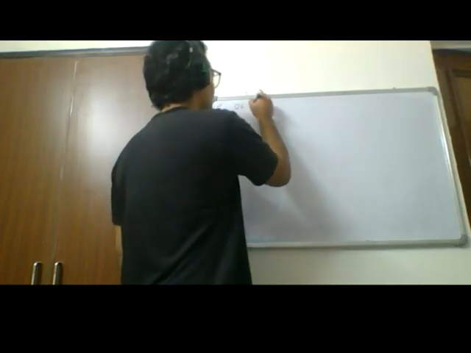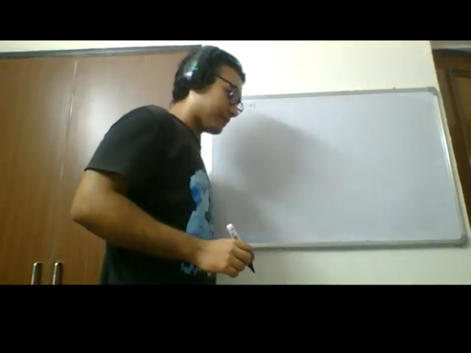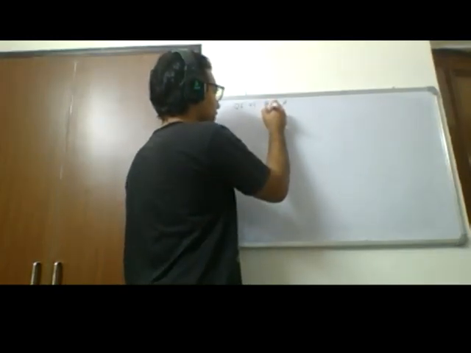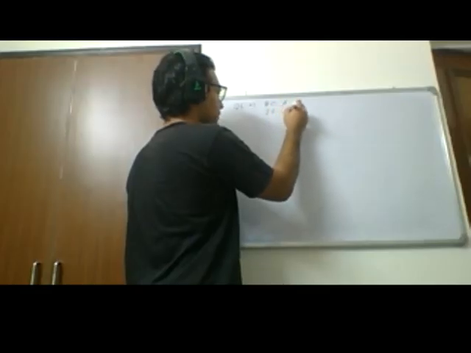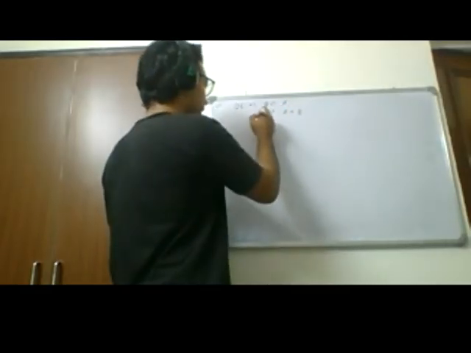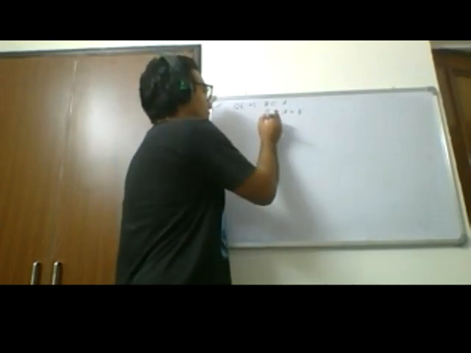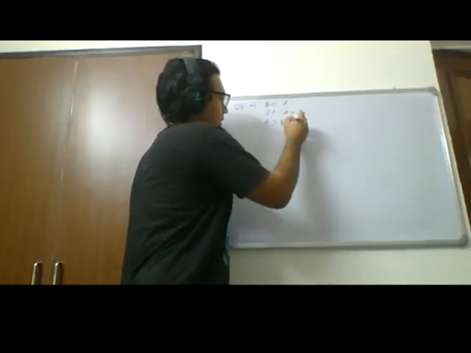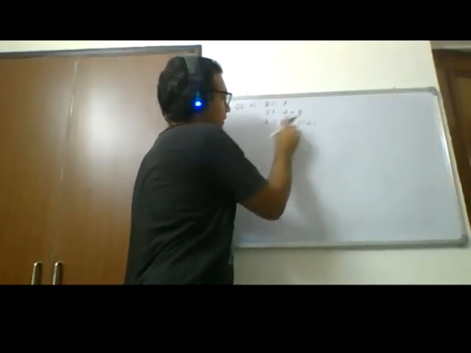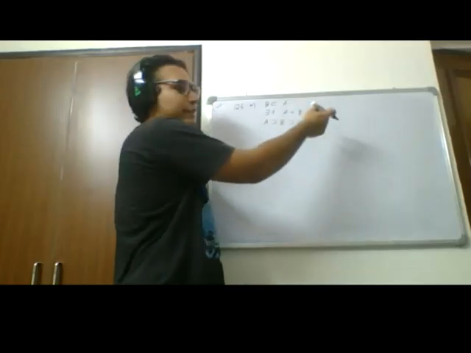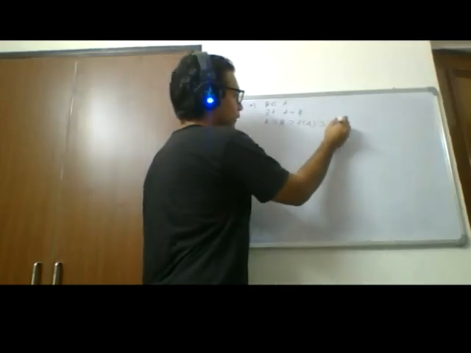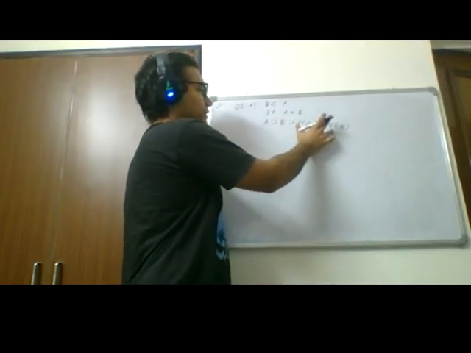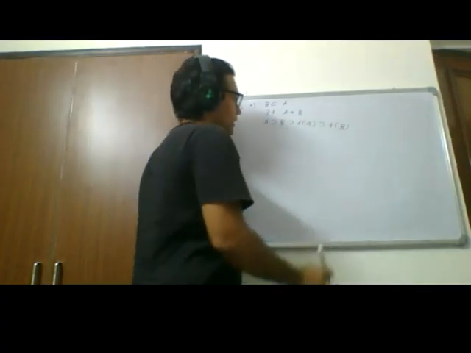So we have B is a subset of A, and there's an injective function f from A to B. A is a superset of B, and f of A is a subset of B because the image set has to be contained, and f of B is contained in f of A because the inclusion is transferred over image sets, right?